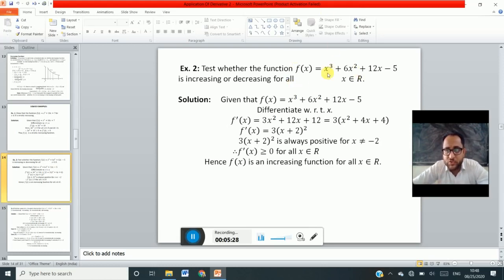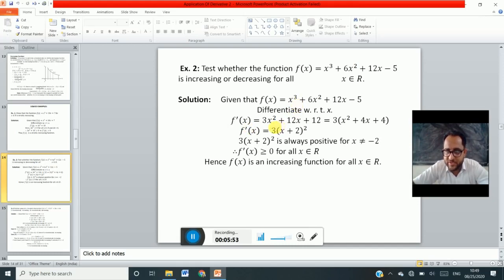So for that also, first of all, we have to find the derivative of that function. If the derivative is greater than 0, then we say the function is increasing, and if the derivative is less than 0, then we say the function is decreasing, right? So see here, the function is x cube plus 6x square plus 12x minus 5. So f dash x is what?